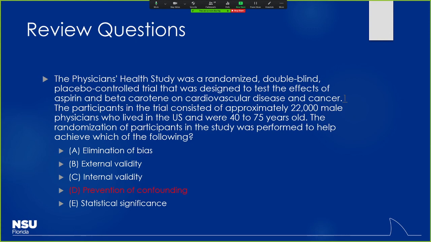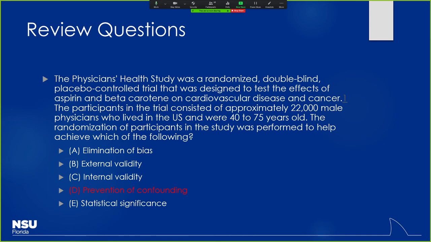What's external validity like? What does that mean? Right. So as a study like this, does it seem particularly generalizable to anyone? This was just done in male physicians who were in the U.S. They're 40 to 75 years of age, right?